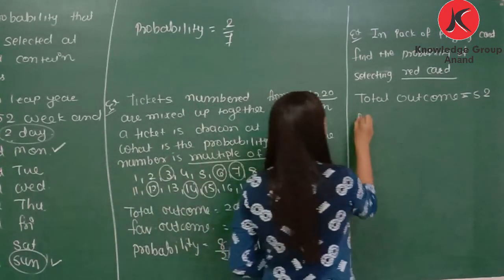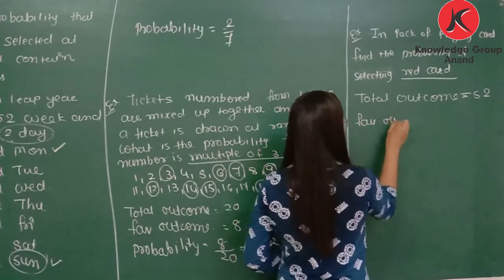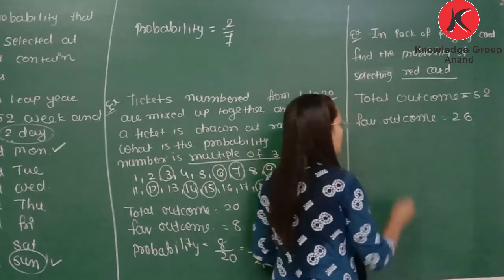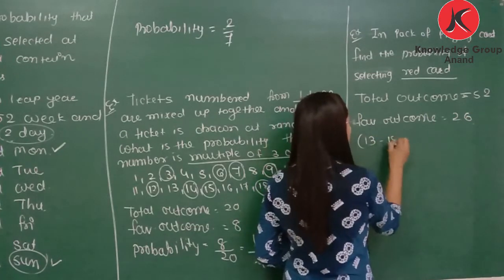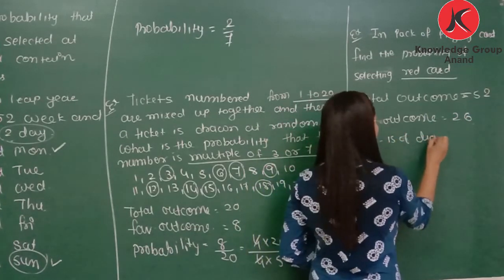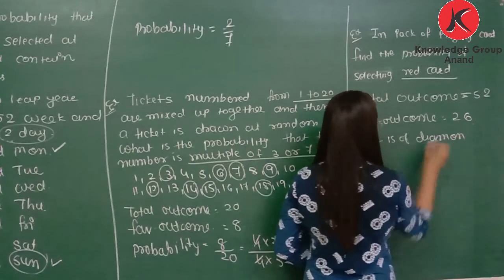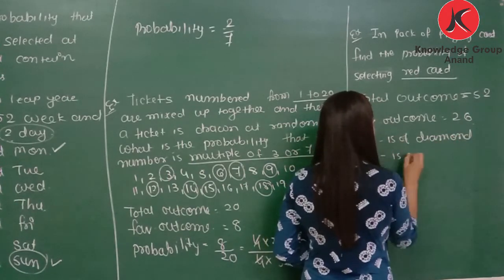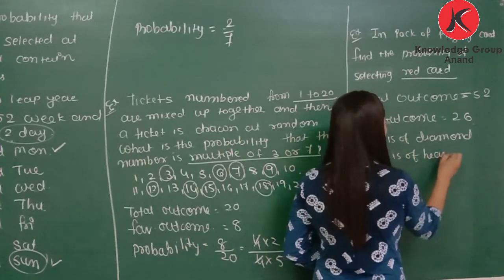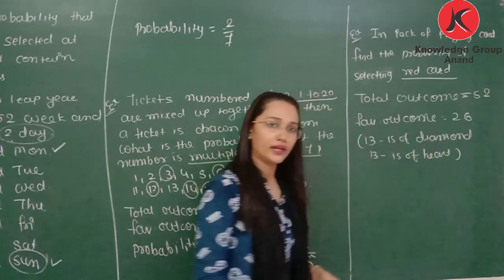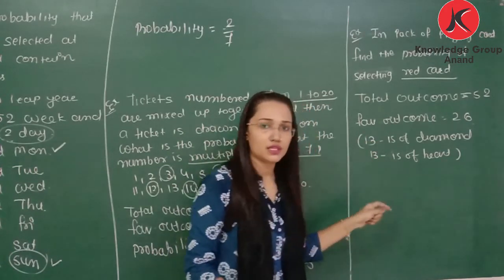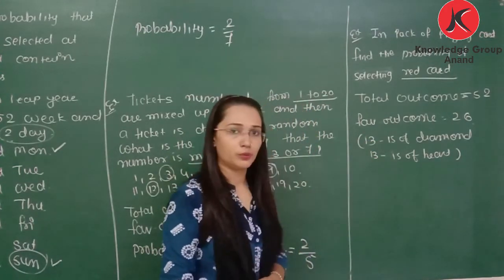Okay, so we can write favorable outcome is 26. Why 26? Because 13 cards are of diamond and 13 cards are of heart, and these two are red in color. So 13 plus 13 is 26 cards that contain red color.